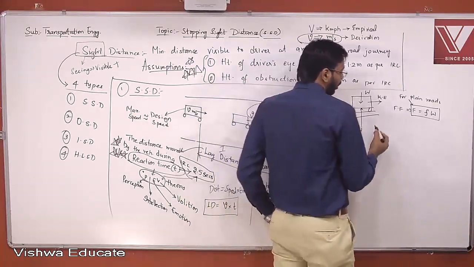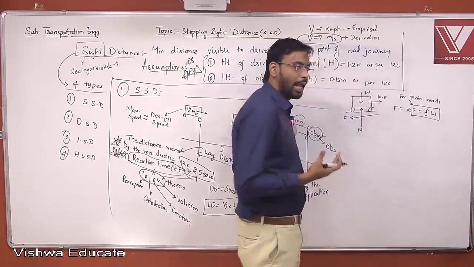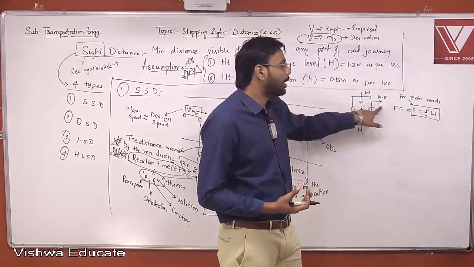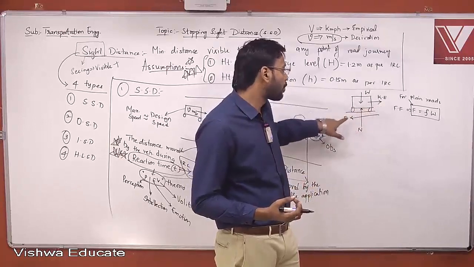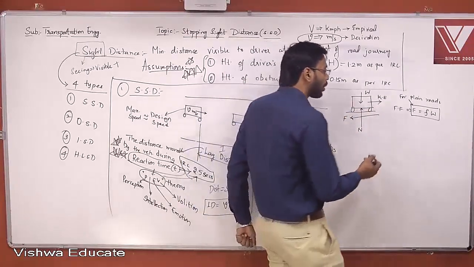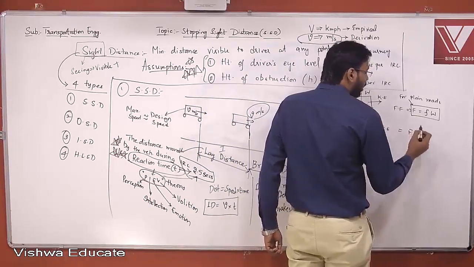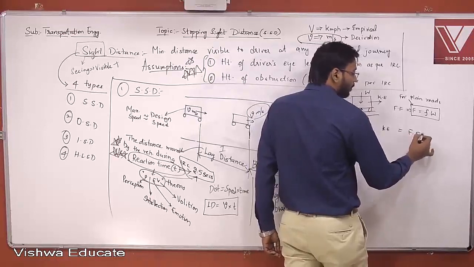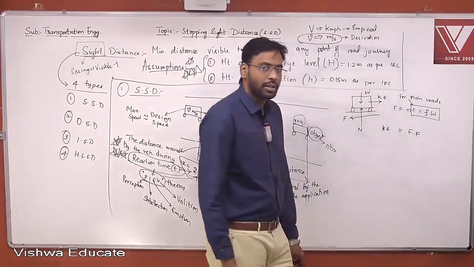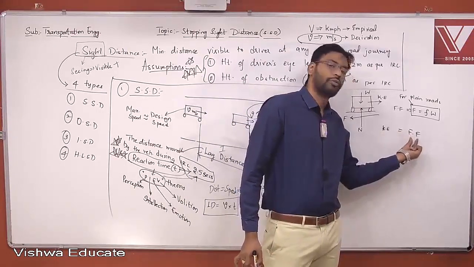So what I do here is I equate kinetic energy. This kinetic energy here is being opposed by this frictional force. But if you see this equation, here you will be having energy, here you have got friction.